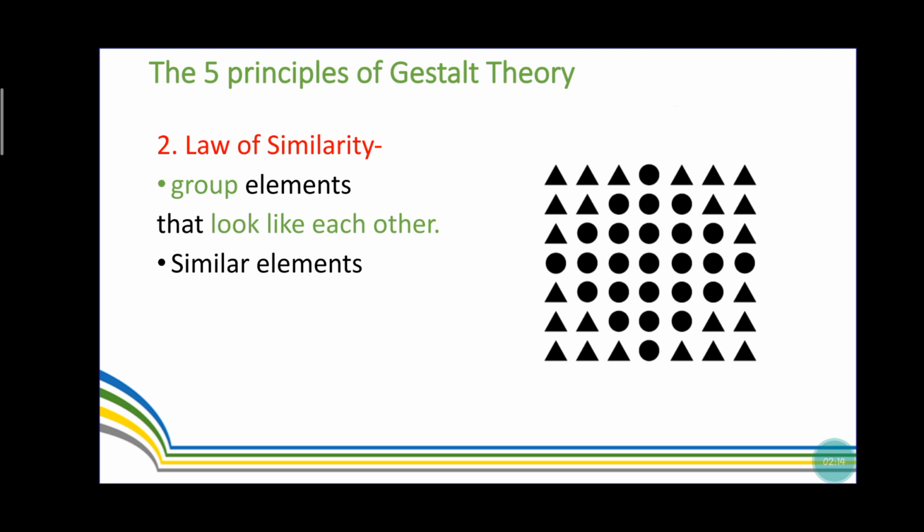Just like the example shown. At first glance, we think that it's all the same elements, but when we focus on looking into it, we will notice that it has circle and triangle shapes. So we tend to look at them as alike, but they are not.